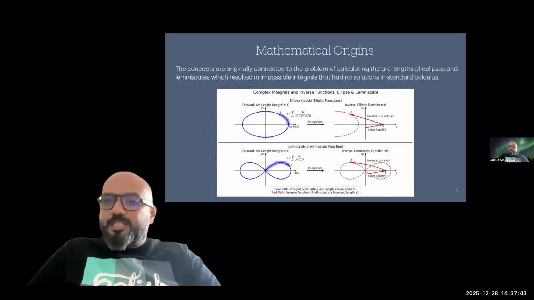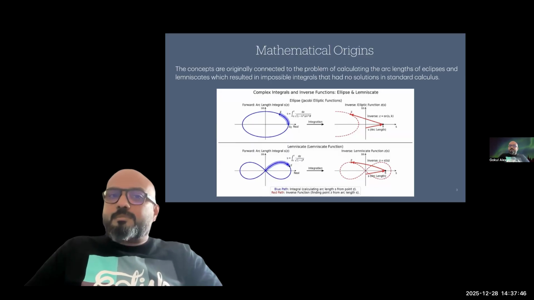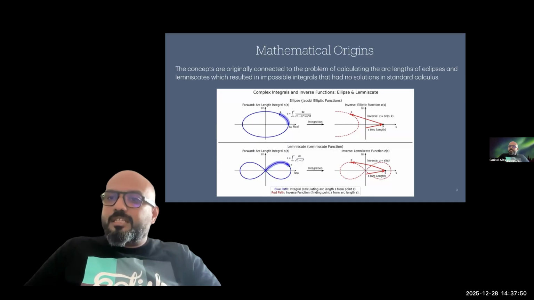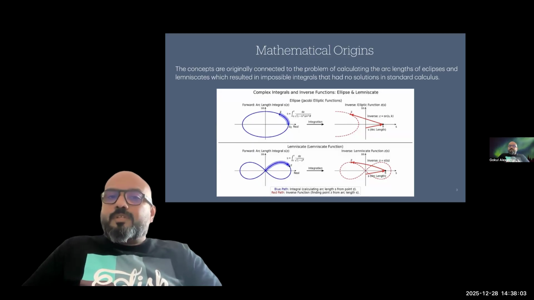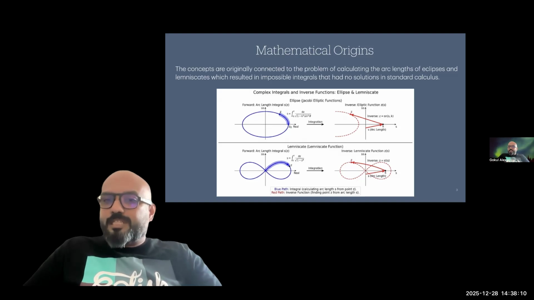When we look at the mathematical origins, the concepts were originally connected to the problem of calculating the arc length of ellipses and lemniscates. We are depicting the ellipse and the lemniscate below. So this problem resulted in the development of impossible integrals that had no solutions in standard calculus in those times.